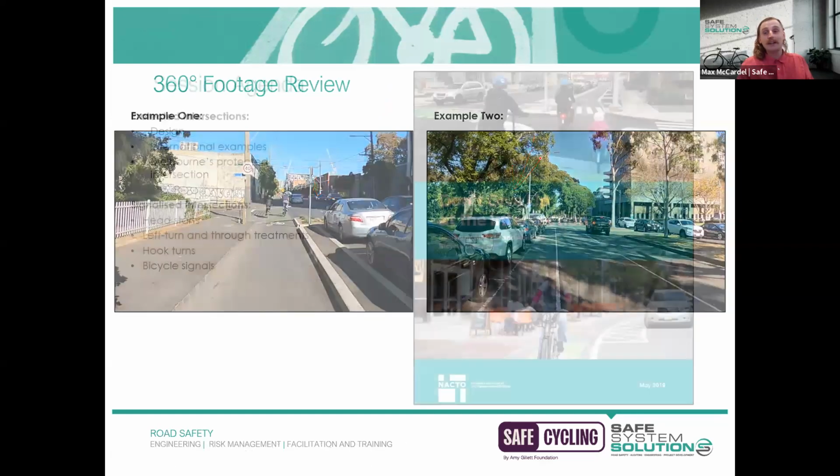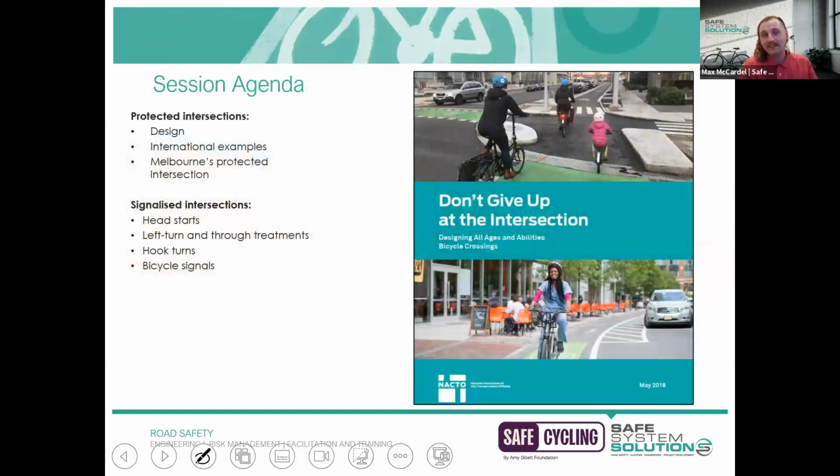Today's agenda is, of course, talking about intersections, and we will be referring quite a lot to this document, which is very appropriately named Don't Give Up at the Intersection, because it's quite common for designers in the past and even currently to provide cycling facilities mid-block, and then once they get to the intersection, either there's no space available, or they can't remove a traffic lane, or they don't know how to treat cyclists.